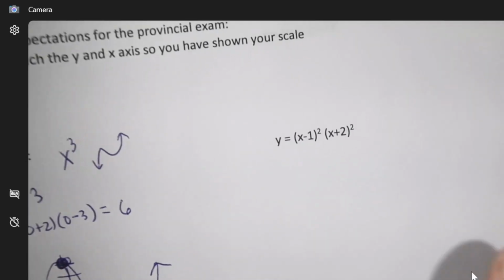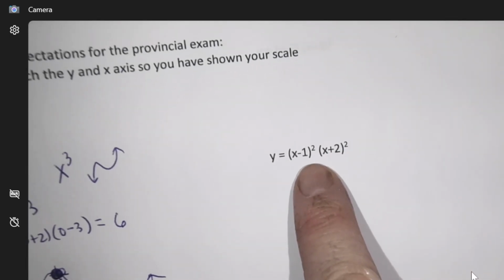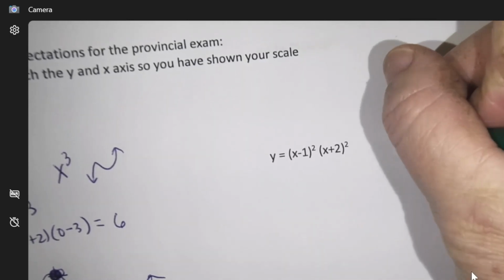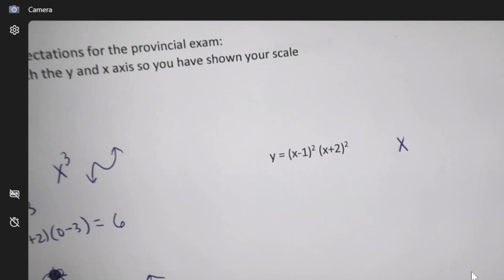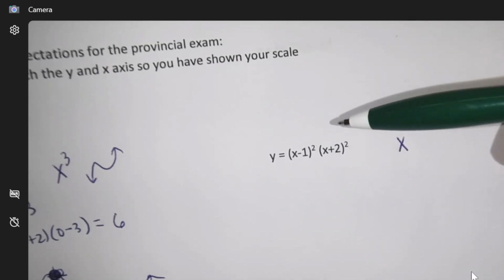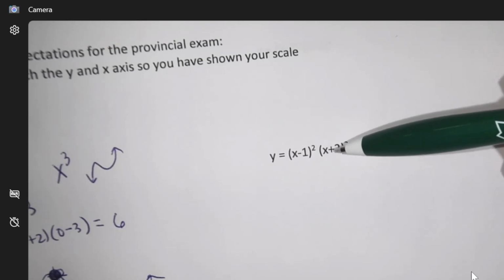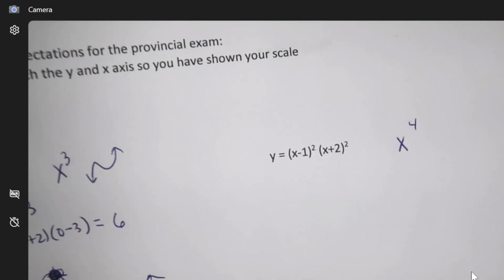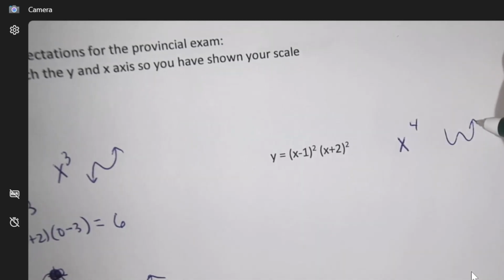Okay, next one. If you were to multiply all of the x's, x to the what at the end of all this? This would have an x squared in it timesing another x squared. So would you understand that's an x to the fourth? Okay, so that means what? Kind of a W shape.